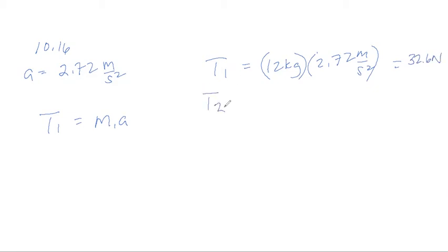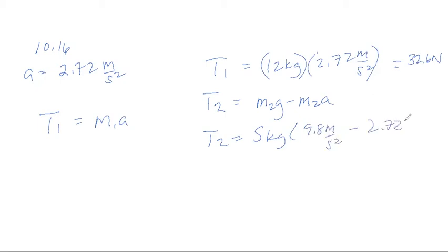And T2 is going to be equal to M2G minus M2A. So T2 is going to be equal to M2, which was 5 kgs, times 9.8 meters per second squared minus 2.72 meters per second squared.